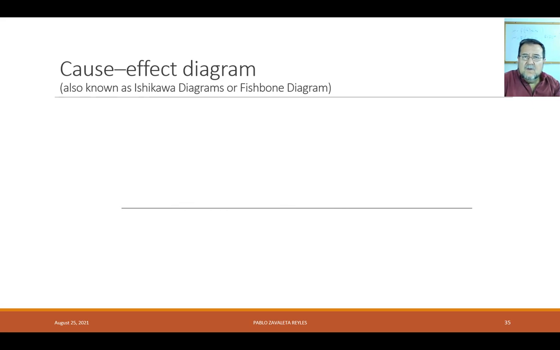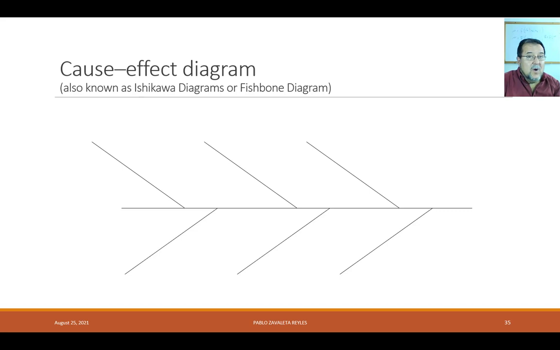Well, first we just put a line that represents our process, and then we start to identify some of the problems. And those problems, in turn, have identifiable causes for themselves also. We do that for all our branches, and we finally have a cause-effect diagram.